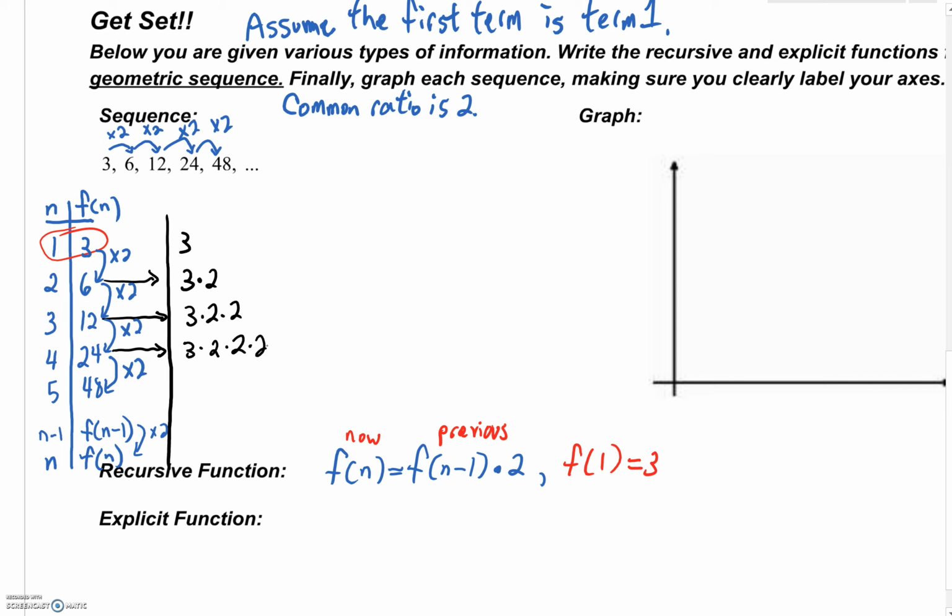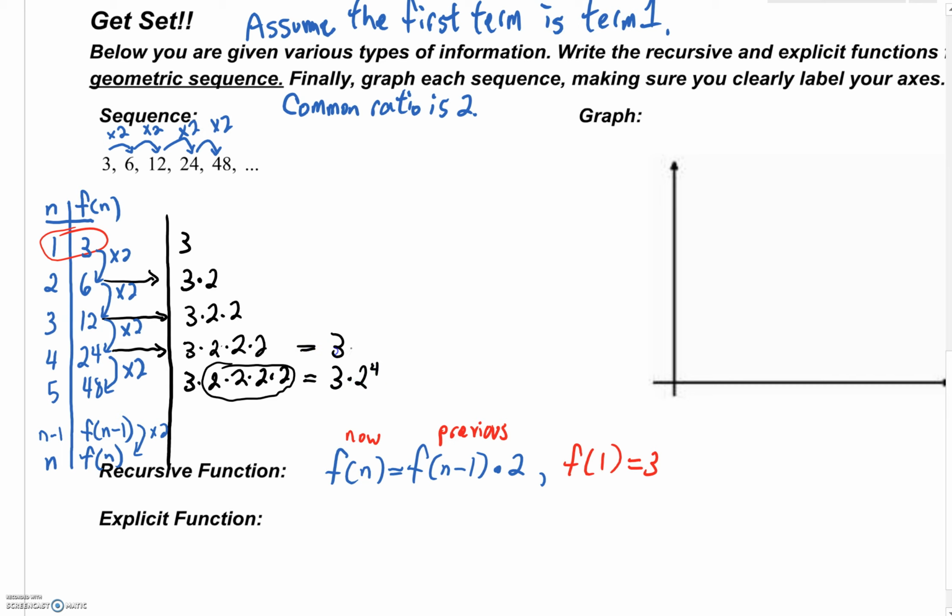And you get the idea, I hope. What we're going to see, even in this next one right here, I hope you can quickly see that there is repeated multiplications of 2. What we can do is write that as an exponent. 2 times 2 times 2 times 2. There are 4 2's, so this would be 3 times 2 to the 4th.